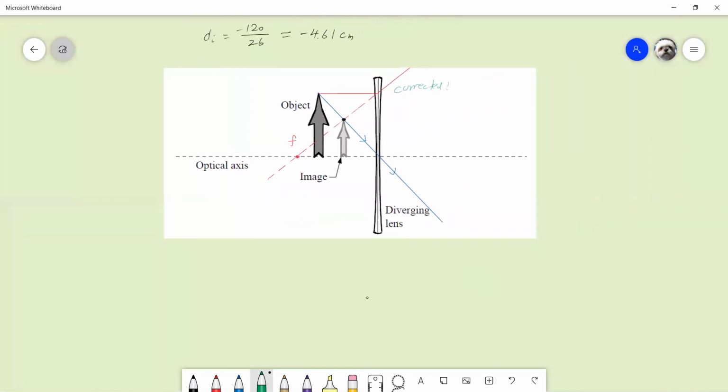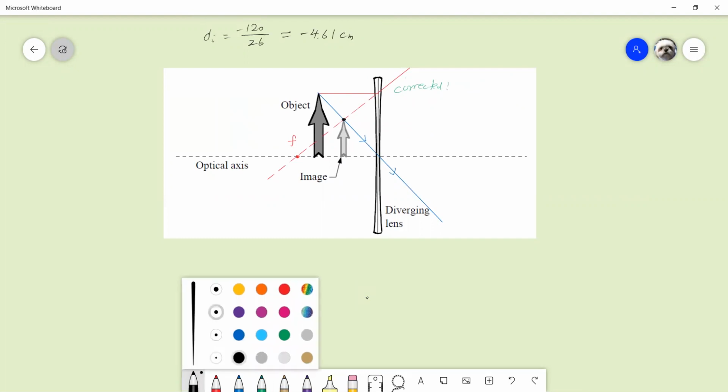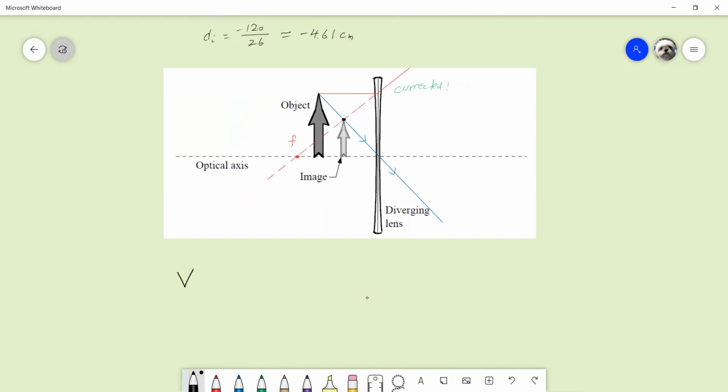All right, the next chapter is about vision and optical instruments. Now, when I say vision, I'm talking about the eye, right? Your eyes.